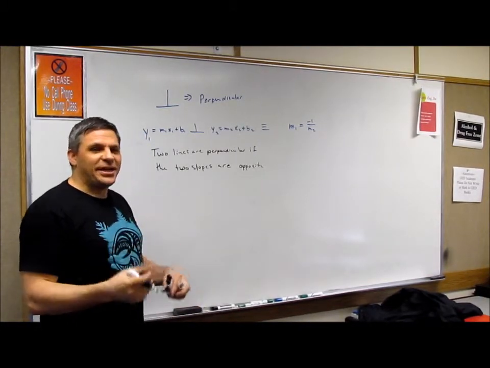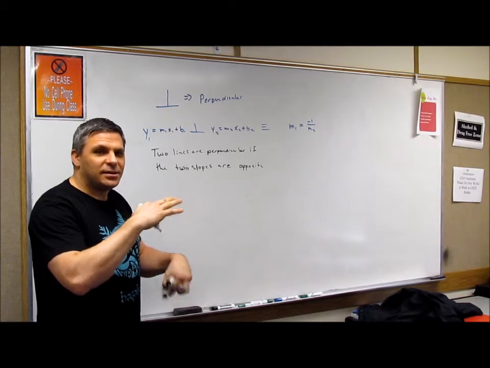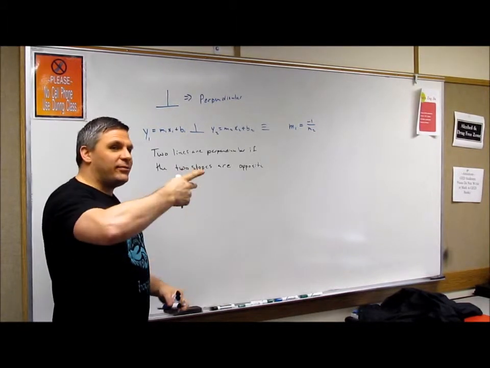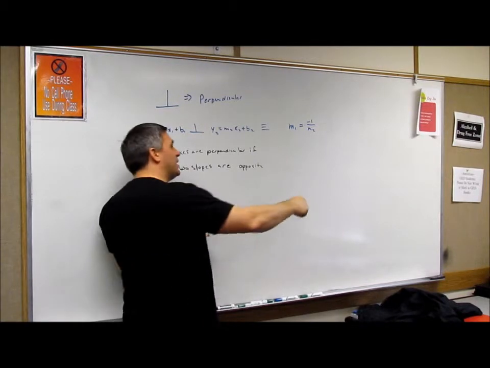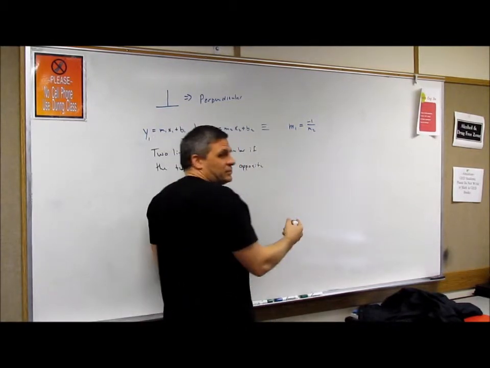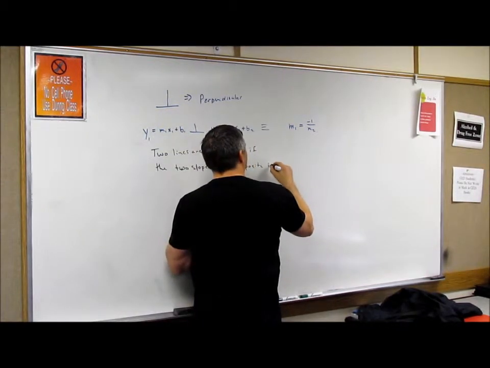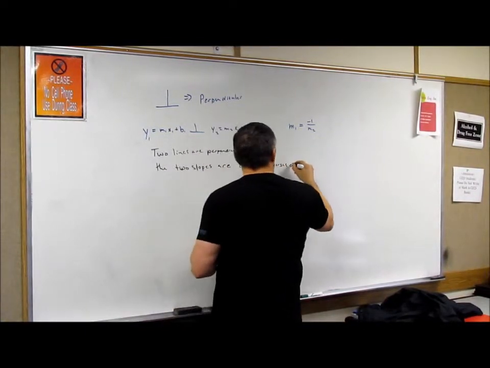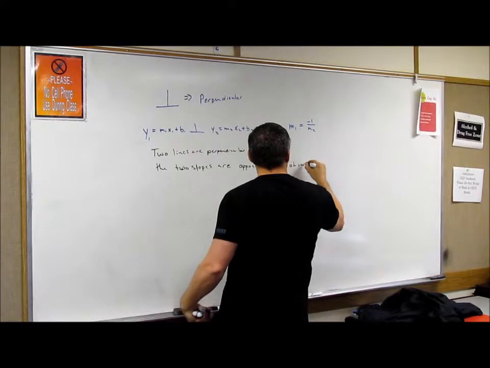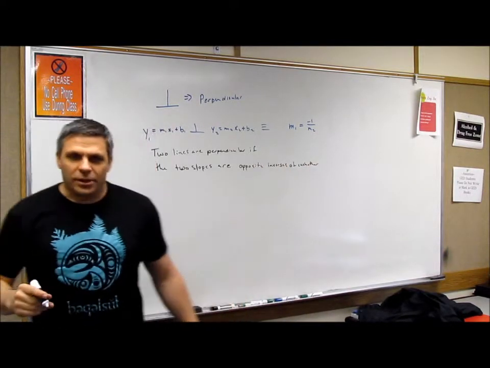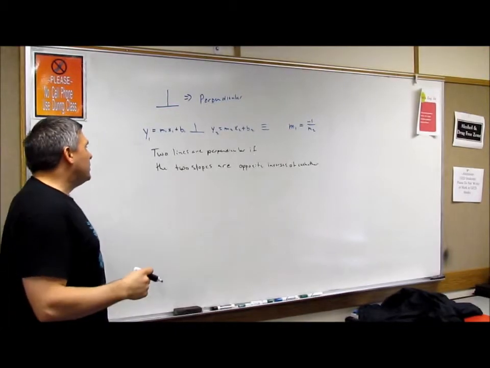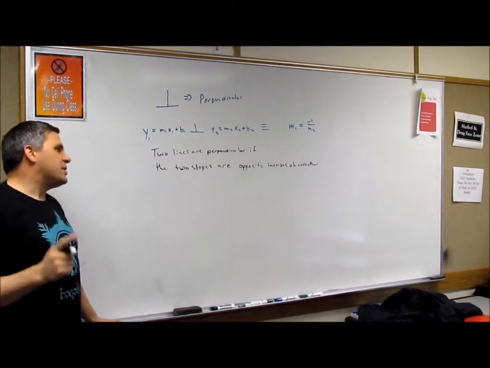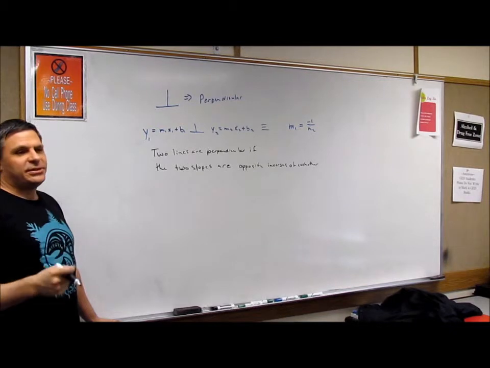They're opposite and they are inverted. One's on top, one's on bottom. Opposite inverses of each other. So, two lines are perpendicular if the two slopes are opposite inverses of each other.